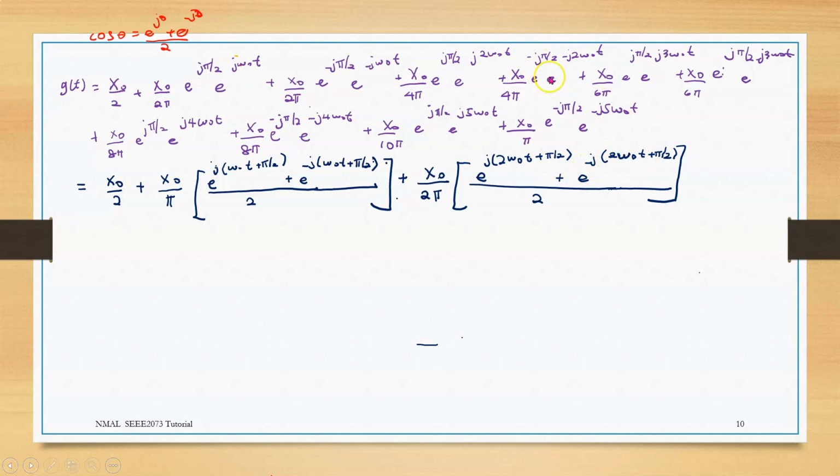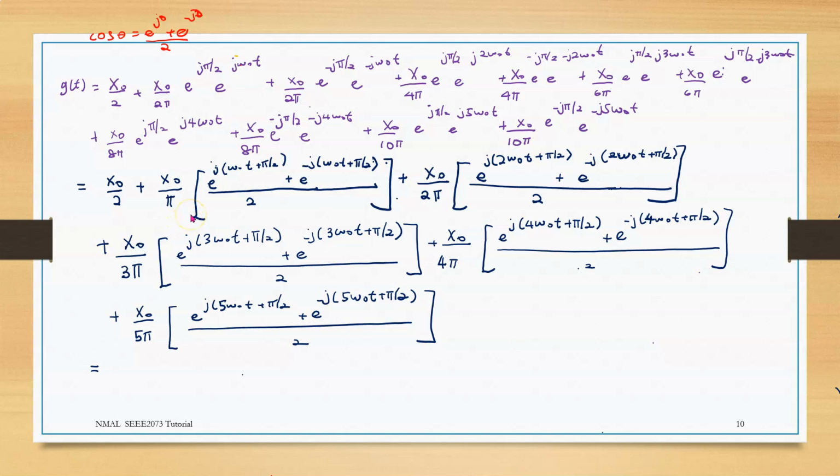I put negative j pi over 2 instead of j pi over 2. Remember where I changed the part where negative j here into exponent negative j pi, and then plus negative j pi would become like this. Okay, so you do this for 3 more parts, which is n equal to 3, n equal to 4, and also n equal to 5.